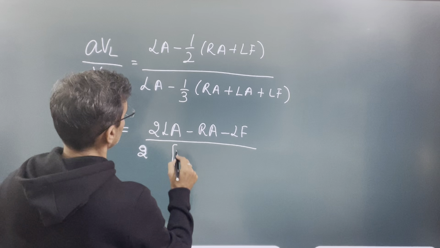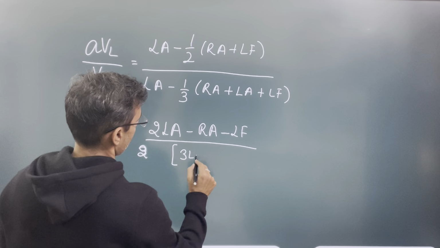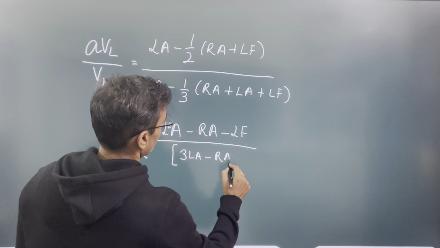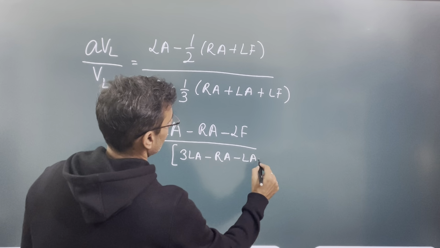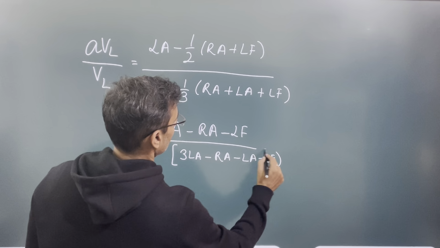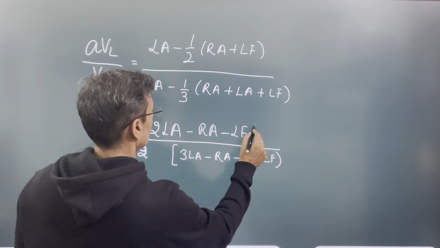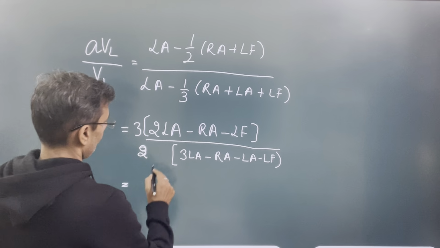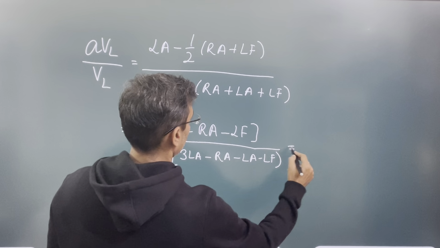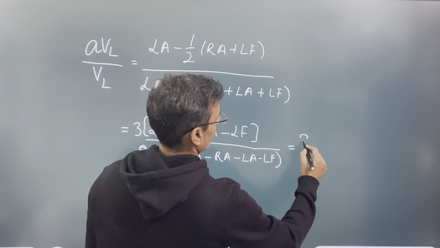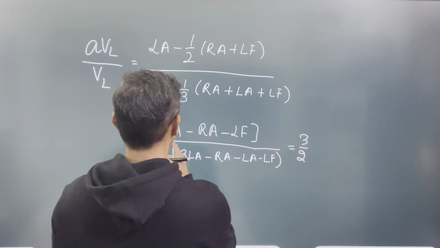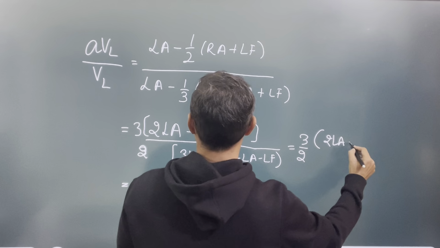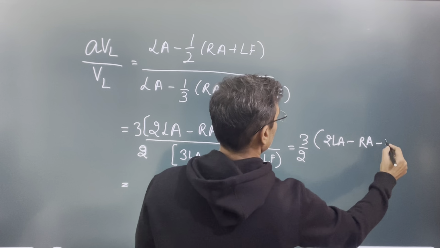What we get is 3LA minus RA minus LA minus LF over 3. Now we can simplify it: 3 by 2, times (2LA minus RA minus LF).